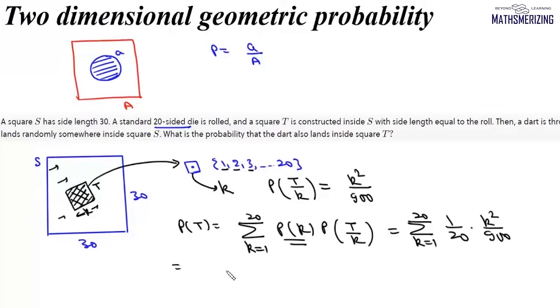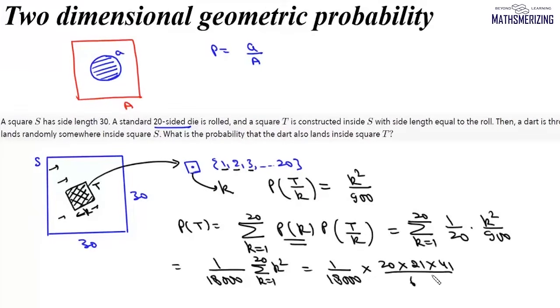Now we can write this as 1 by 18000 into the summation of K squared, where the value of K varies from 1 to 20. So it will be 1 upon 18000 into, now this is n into n plus 1 into 2n plus 1, whole divided by 6.